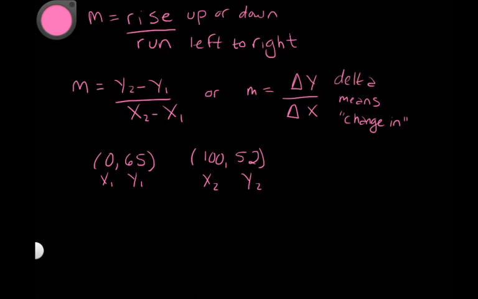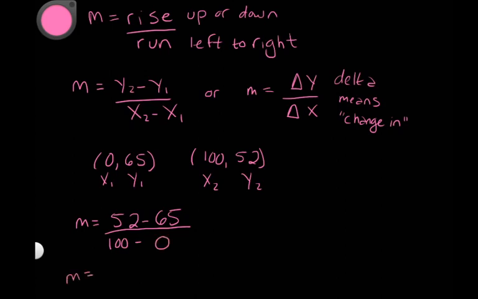So in order to find the slope of this line, I'm going to plug these values into the formula. So m equals, now my y2 is 52, so I'm going to have 52 minus my y1, which is 65, over my x2, which is 100, minus my x1, which is 0.